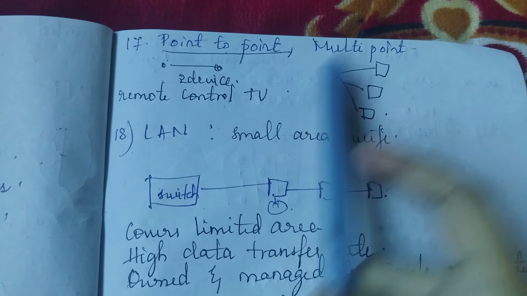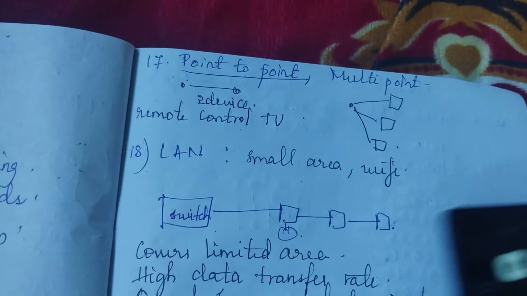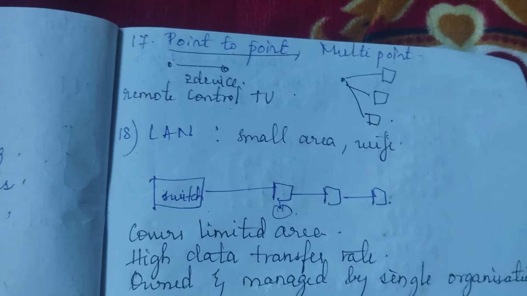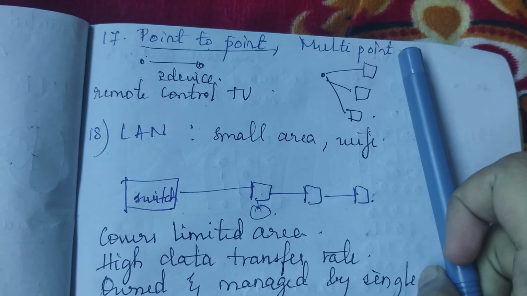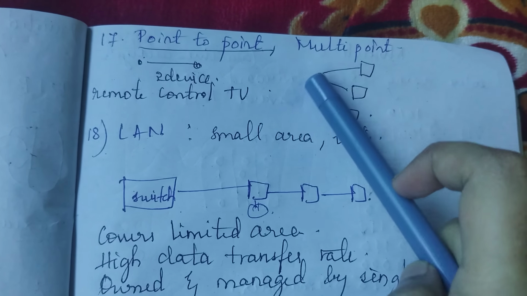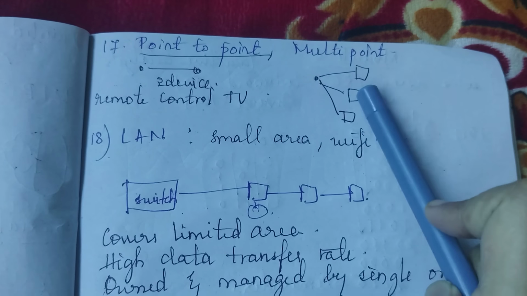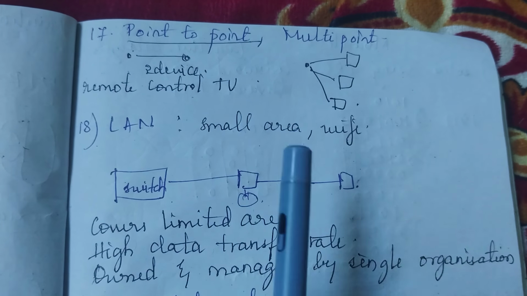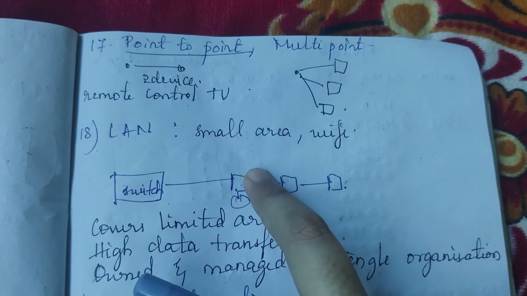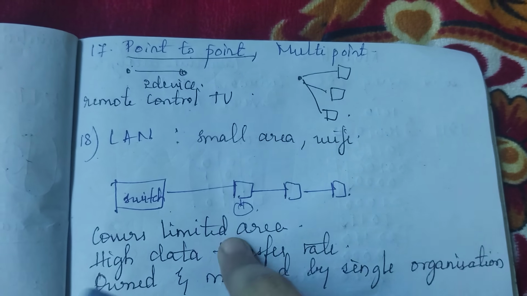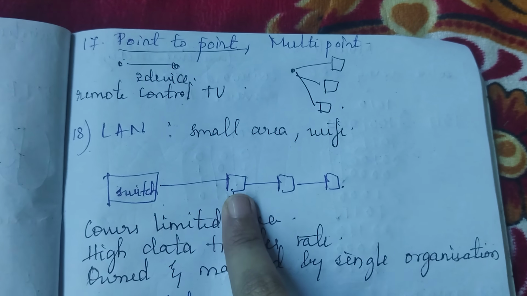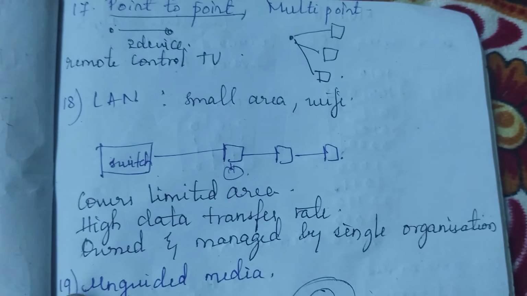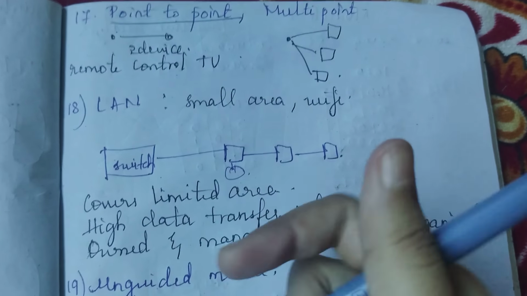It will get operated in the TV. Then multipoint is where from one device you connect to multiple devices and all should operate, just like turning on lights. If you consider Mysore Palace lightings, somewhere one switch will get on and many things will get on, right? Something like that, not the exact one, but you should relate it.